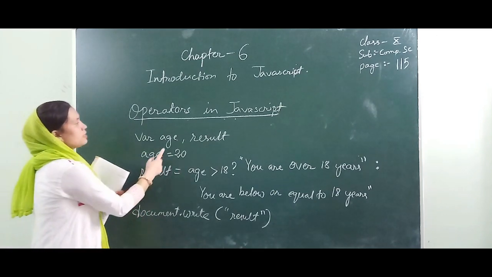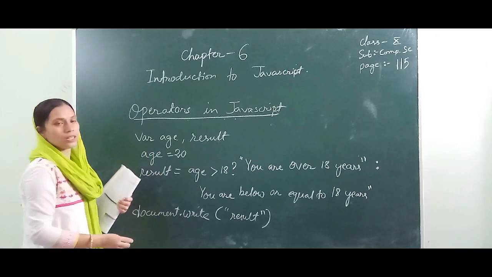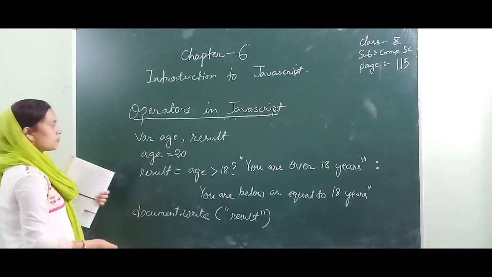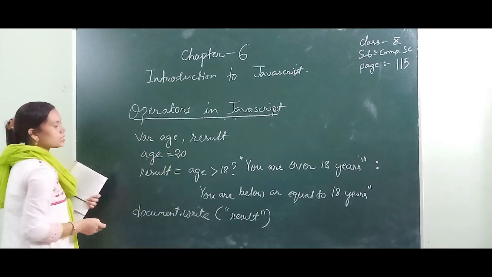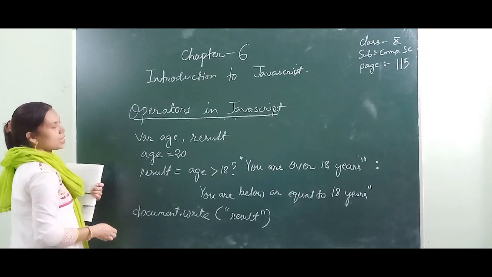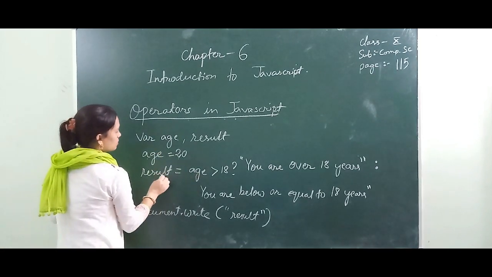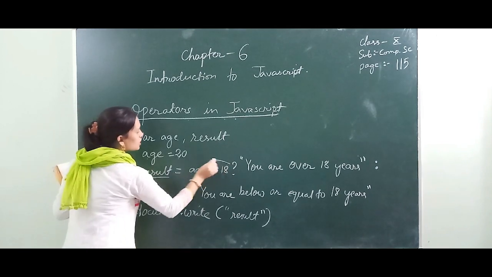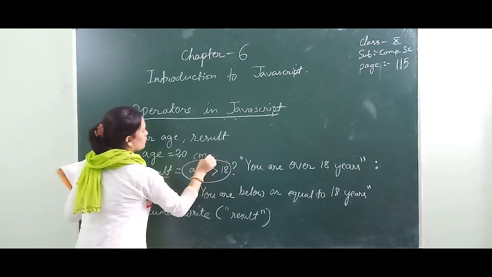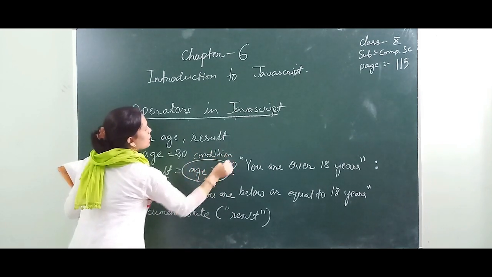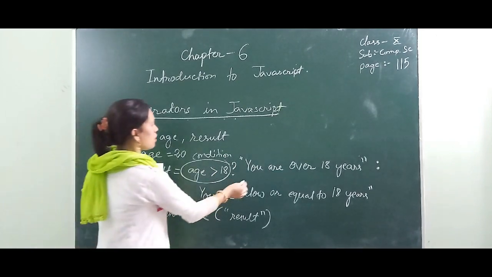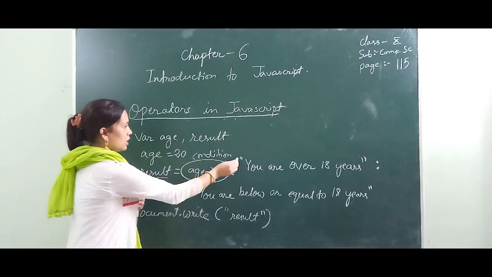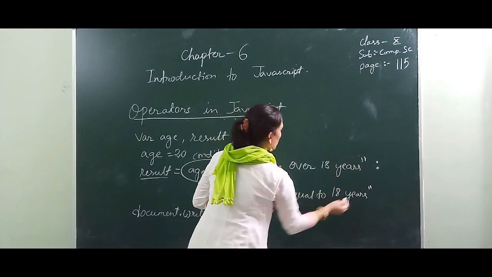Age is a variable and result is also a variable. Age is given as 20 here. Then this is a condition. After that, we have a value after the condition and one more value after the colon.